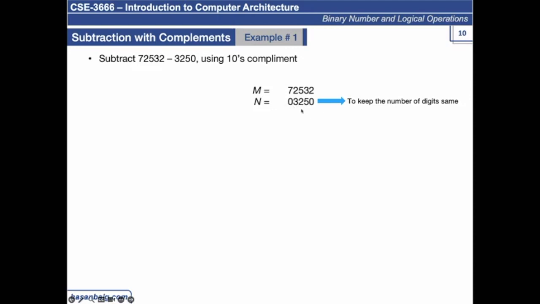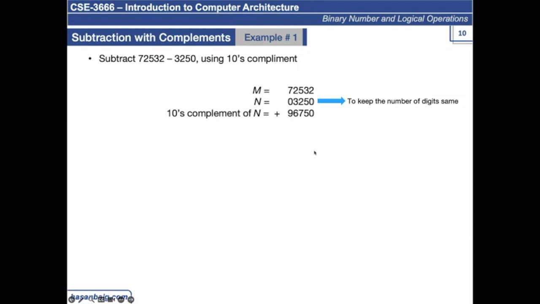So 0, 5, 7, 6, 9 would be the 10's complement of this number. Any questions so far? So we have a number M, and we also have a number N, which is the negative representation of the actual number. 96750 is the negative representation of the original number 3250.